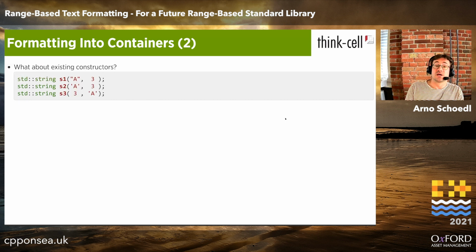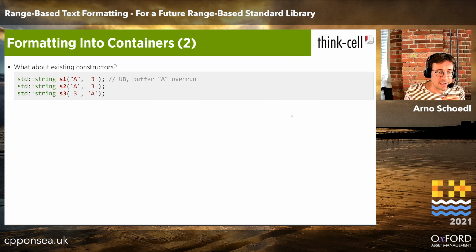Now, of course, what about these existing constructors, right? So here I wrote these constructors of std string. They all compile, right? But what do we do about them? Well, first of all, let's look at what they do, okay? So the first one is actually undefined behavior, because we are using the first 3 characters of A, and that's beyond the size of A, so you get a buffer overrun.